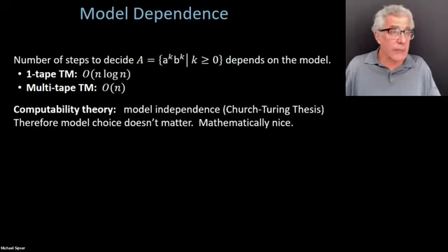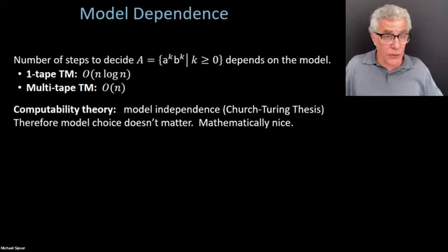It was all the same set of decidable and recognizable languages. So we didn't have to worry about which model we were going to work with. We could work with any model, even just an informal model of algorithm would be good enough, because we end up with the same notion in the end.